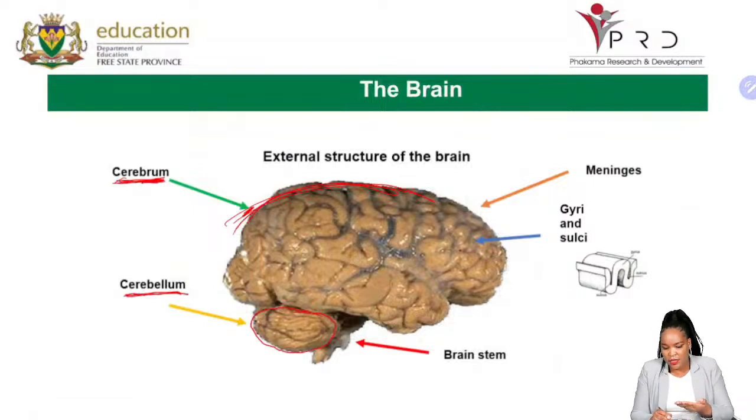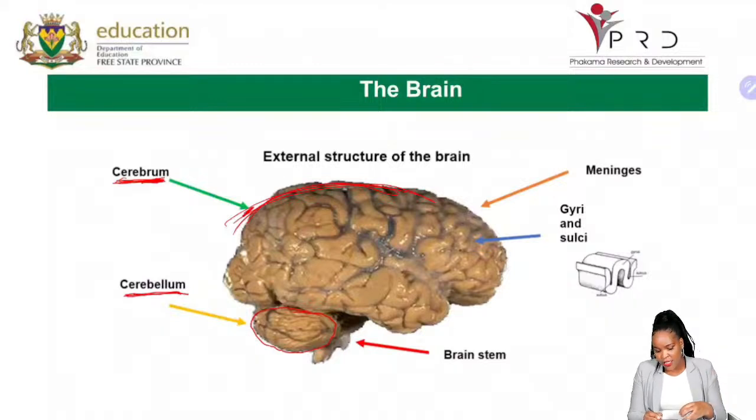When you cut it in half, it will look like a tree, but it is just at the bottom. So the small one has a long name, and the large one has a short name. That's how you can remember them. So the cerebrum is the largest part of the brain. The cerebellum is the one that you find just below the brain, and it is a small one.